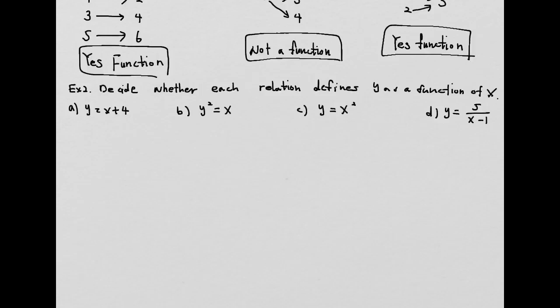Example 2, this time we're going to see if a given equation is a function. This time an equation is given instead of a set. So A, we have y equals x plus 4.